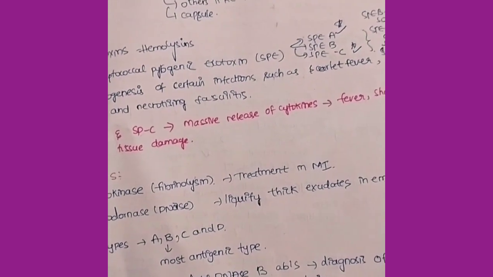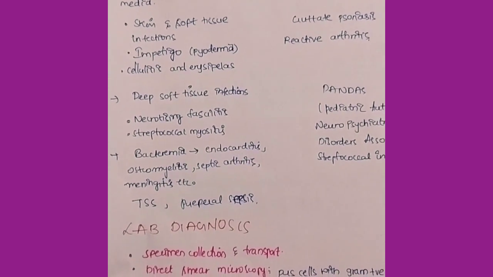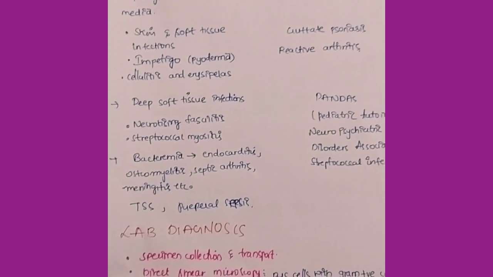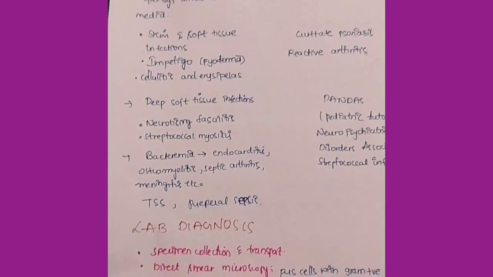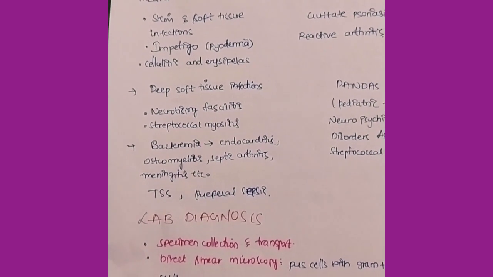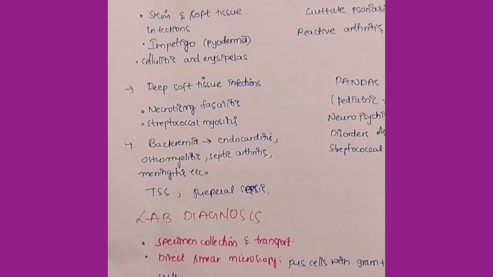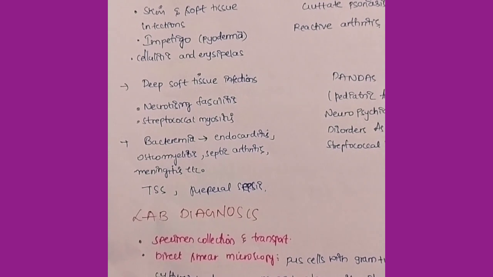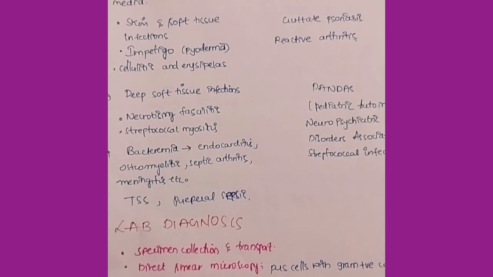You understand? Coming to clinical manifestations, they are suppurative and non-suppurative. Suppurative includes respiratory infections such as pharyngitis or sore throat, and scarlet fever. Other manifestations are pneumonia, empyema, quinsy, sinusitis, otitis media, and skin and soft tissue infections: impetigo, pyoderma, cellulitis, and erysipelas.